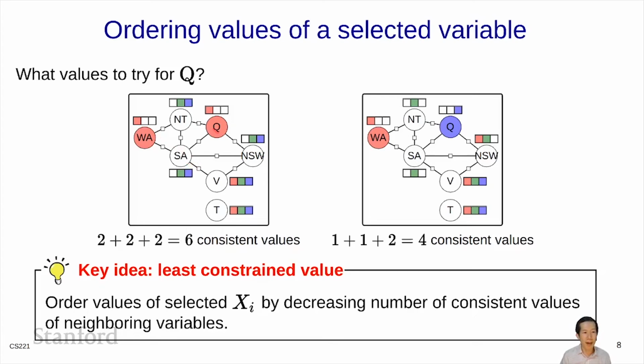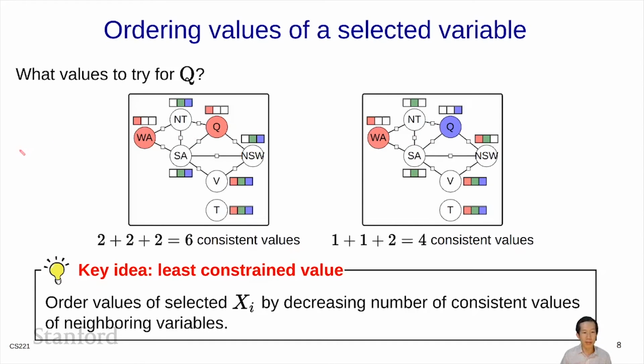And you can see that by having red here and red here, I have more options for the neighbors NT and SA. Then over here, since I can only do green here, and if you look even one step ahead, you'll notice that this is already going to cause trouble.